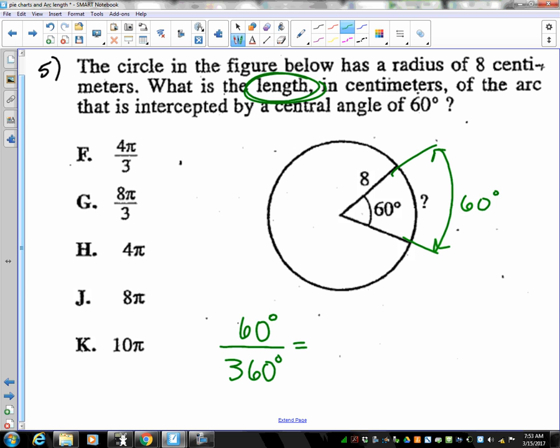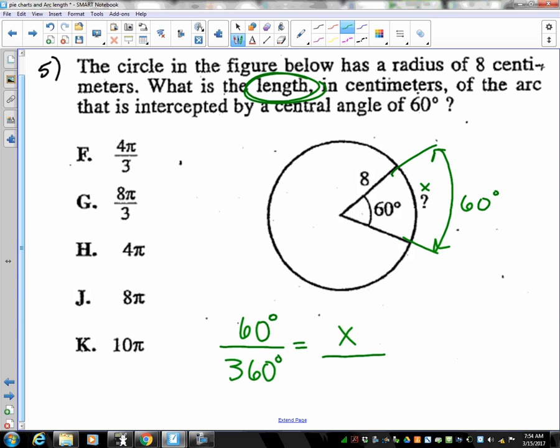The length of the arc right here, I'm going to call it x. The length is unknown. So I'm going to say the part is unknown. The arc length is unknown. Now, what we have to do on the bottom is the total length around the circle. And this is where we have to know something here, and that's just the total length around the circle is the circumference.